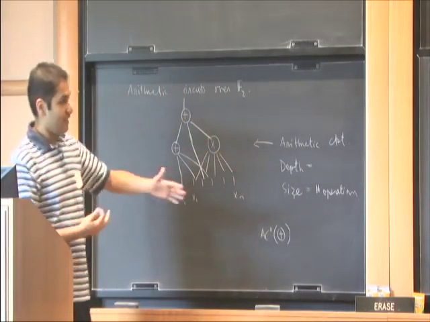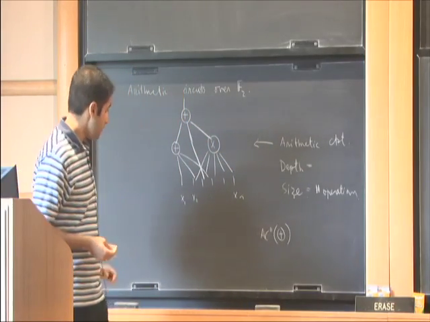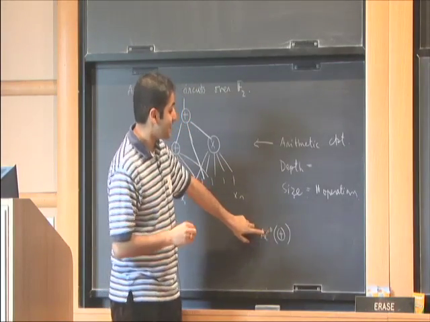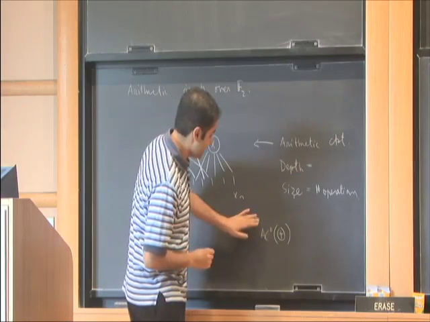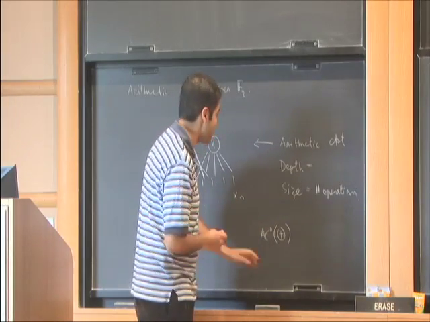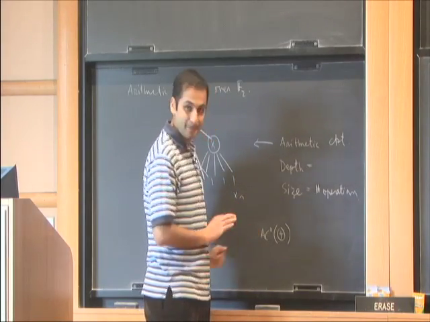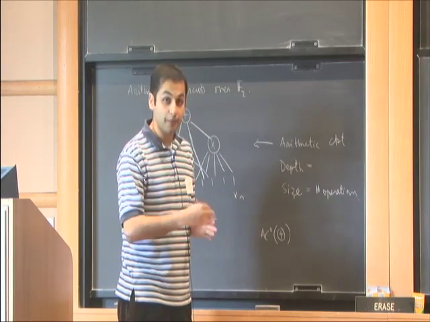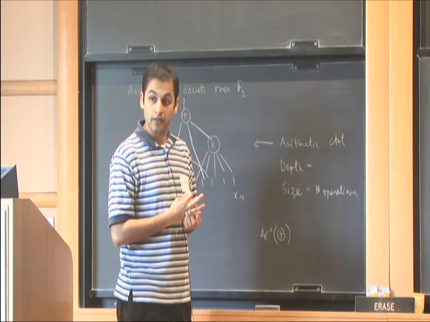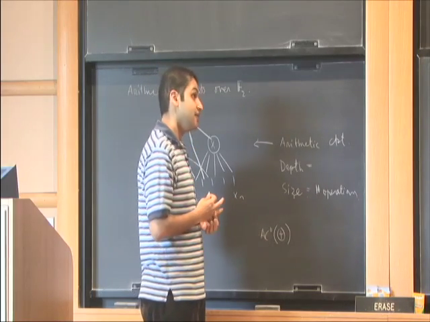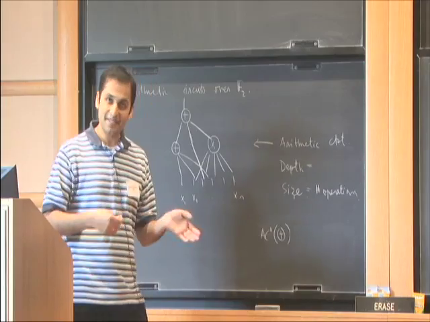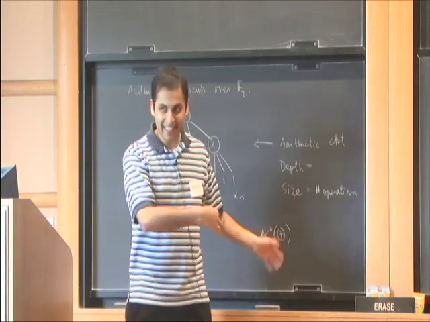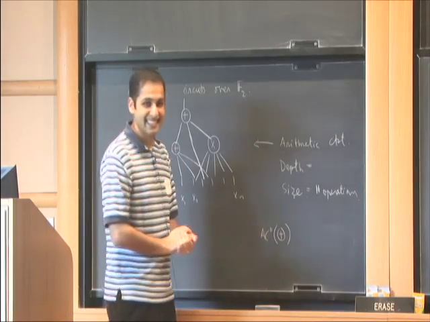So one has parameters d, the depth. The depth is constant, the size is polynomial. Why is the depth constant? That's very restrictive. Right, because when the depth gets too large, people are unable to say anything.